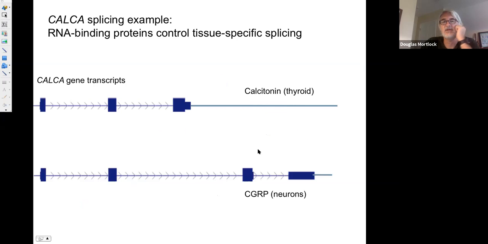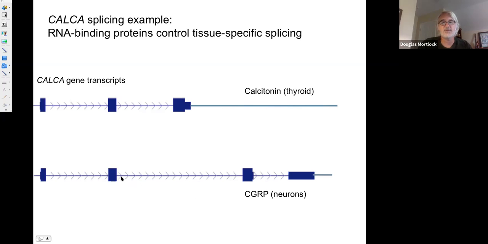This has been studied since and is a pretty neat little story. So let's imagine these are the primary transcripts for this gene, but this one is going to get spliced with this exon, which is the last exon, so it's polyadenylated, and this will lead to production of a calcitonin peptide. Here is the same thing for CGRP.